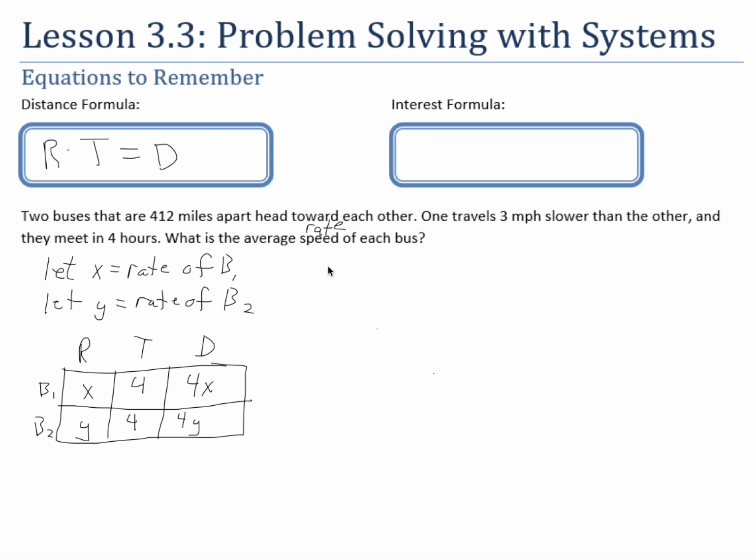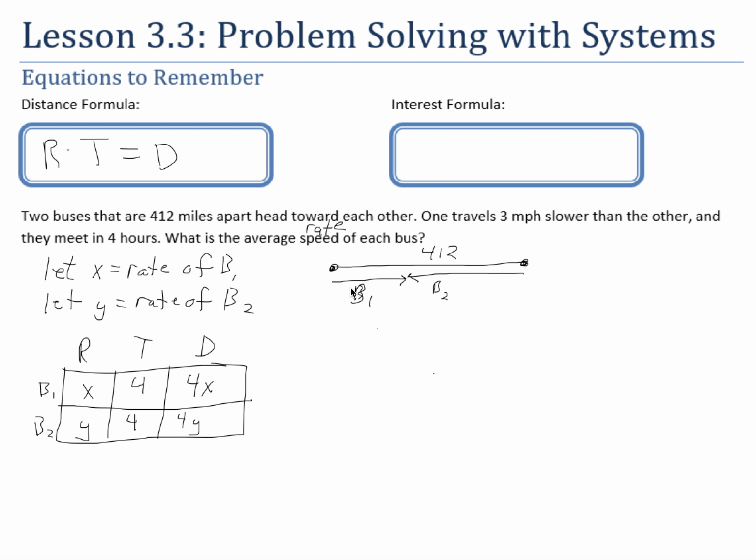Maybe I could have done this at the beginning, but let's look at our scenario in a quick sketch. We have two buses that are not at the same place. In fact, we know they are 412 miles apart, and they're traveling towards each other. So here's bus 1, and here's bus 2.